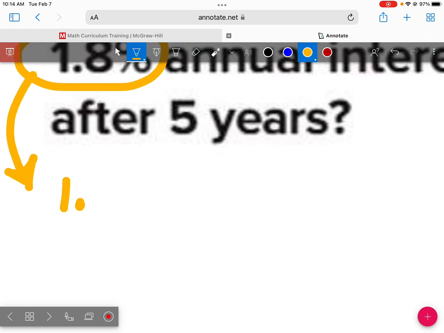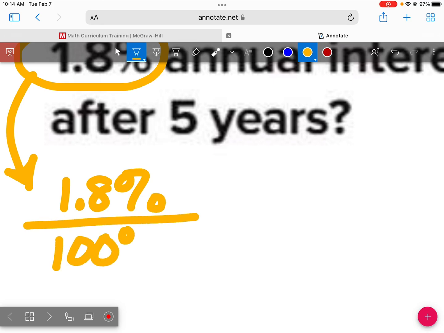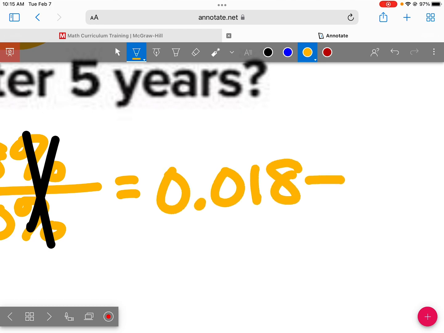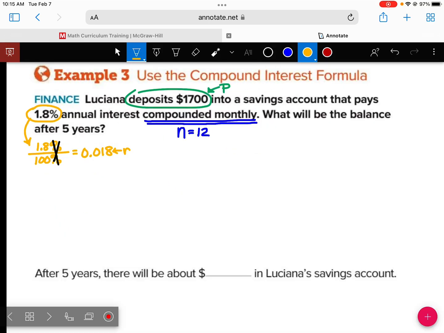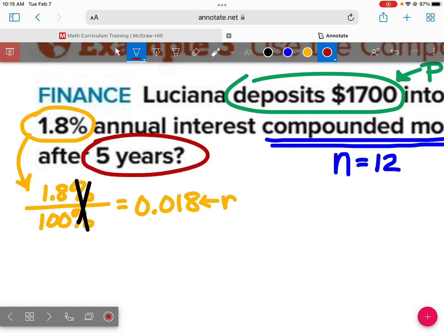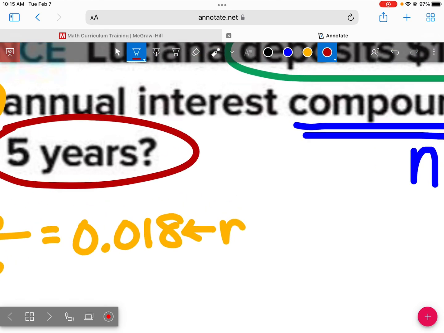Divide it by 100. 1.8% divided by 100%. So my percent signs disappear. 0.018. This is the value for R. Is there any other number here that I have not used? The 5 years. What are they telling me with 5 years? The T, the time.